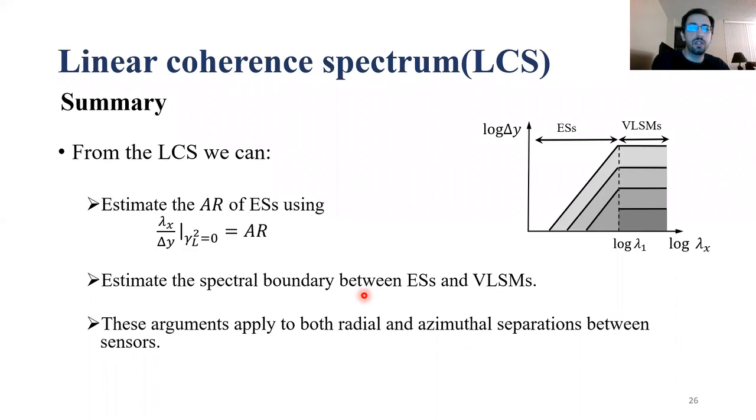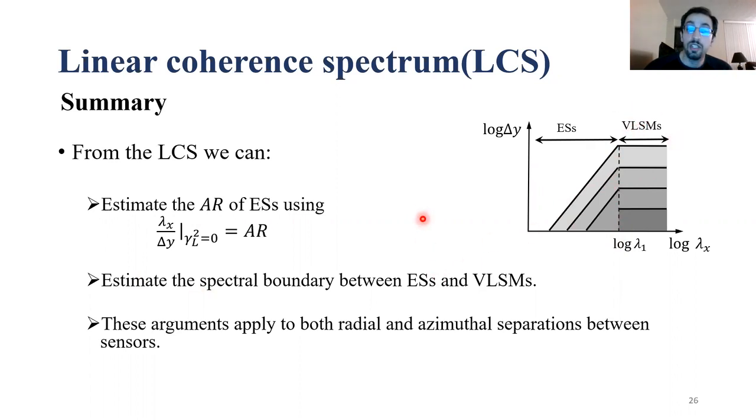So I just want to summarize all the information that we can extract from a linear coherence spectrogram. We can estimate the aspect ratio of the eddies. We can estimate the spectral boundary, which is this one, between the eddy structures and very large scale motions.